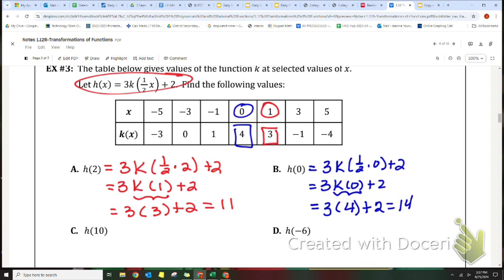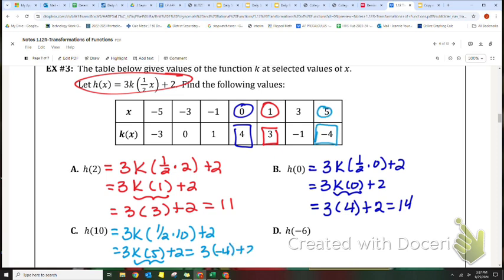All right, then for h of 10, so this is 3k of 1/2 times 10 plus 2. So 3k of 5 plus 2, which is 3 times k of 5 is -4 plus 2, which is -10.